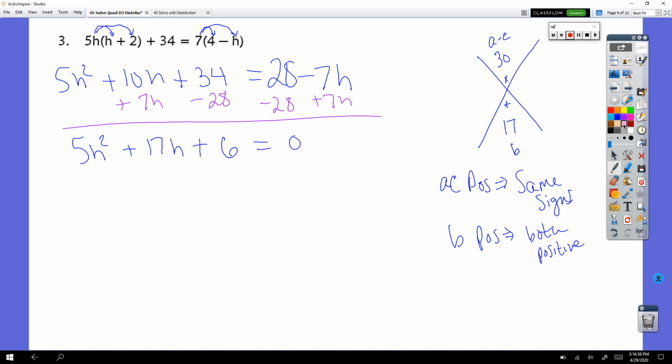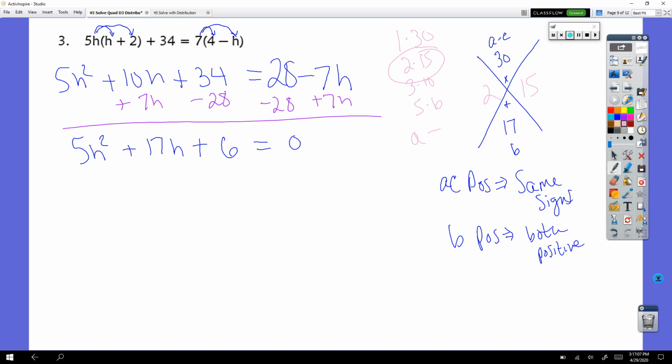So that's going to help me out when I think about different ways to multiply to 30 and how to handle the adding up part. Okay, here are my different ways to multiply to 30. Again, I need same signs and both positive, so I don't need to write any negatives through this. And when I add up those values, the two values which add to 17 are 2 plus 15. So that's what I'm going to be using.